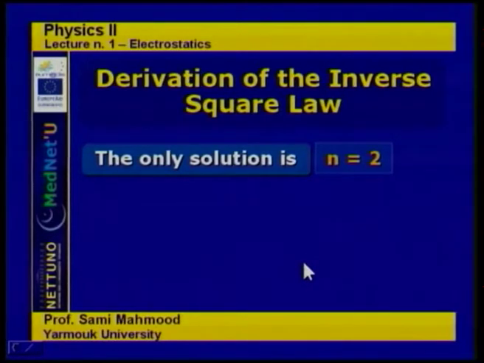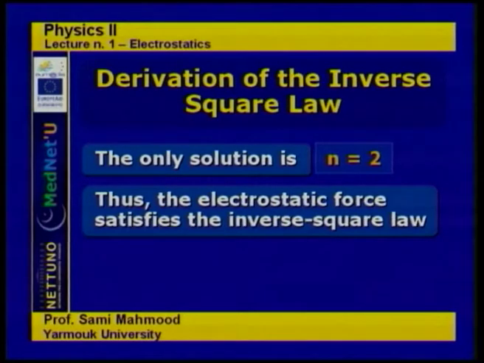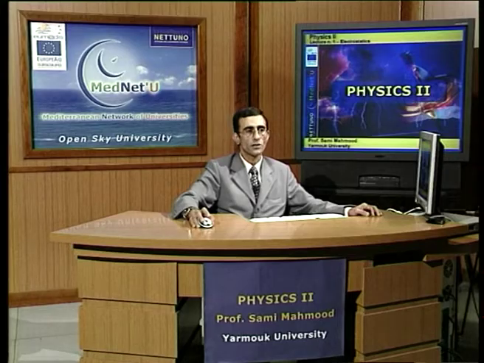In this case, the exponent of r1 is equal to 0, and the exponent of r2 is equal to 0. So we reach 1 over 1 is equal to 1 over 1, which is an identity. And this proves the inverse square law, 1 over r squared. And by this, I finish this lecture, and goodbye.